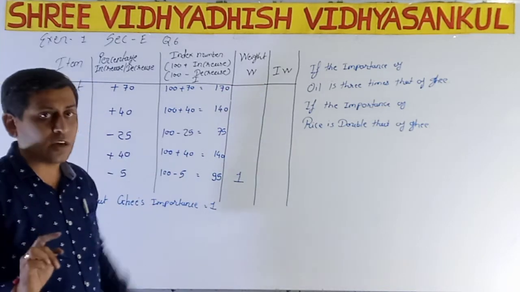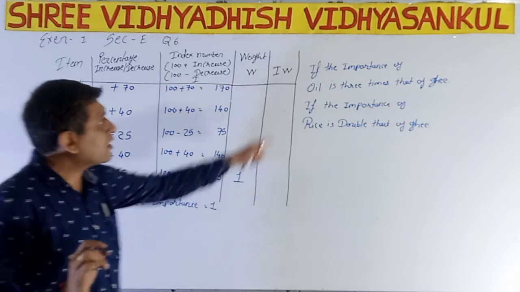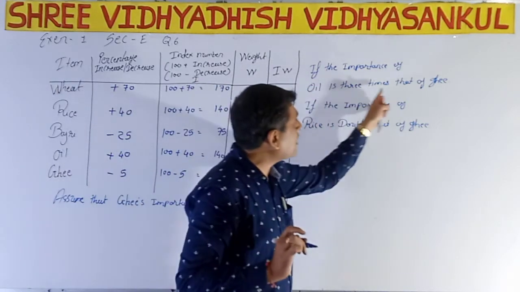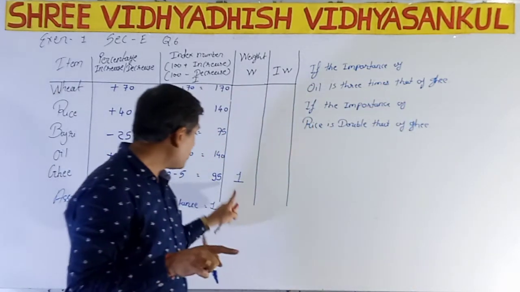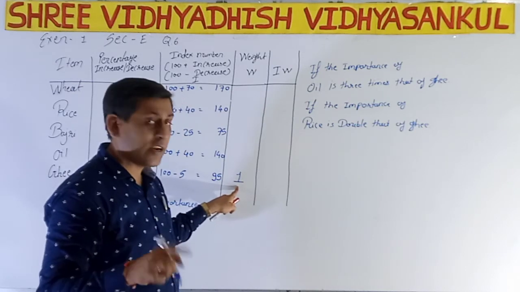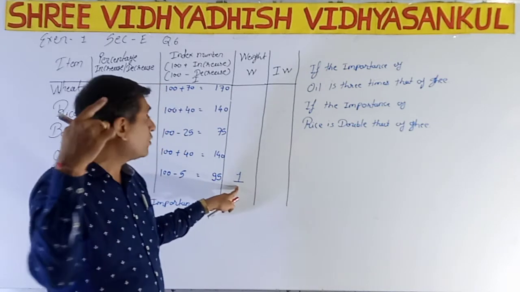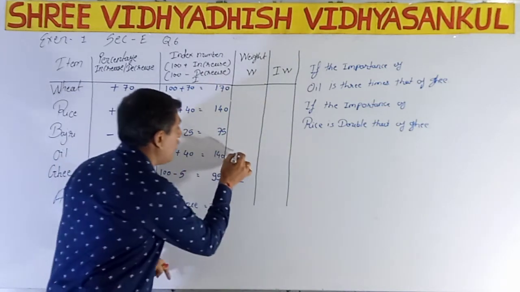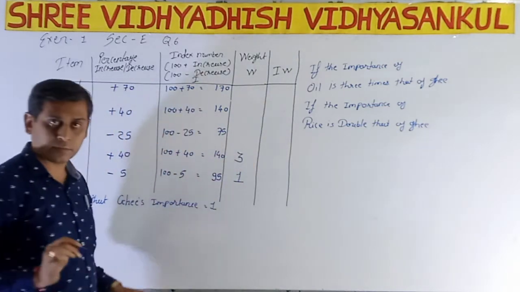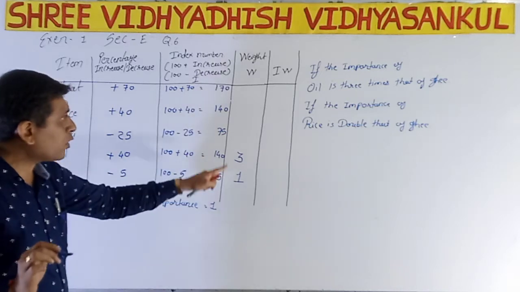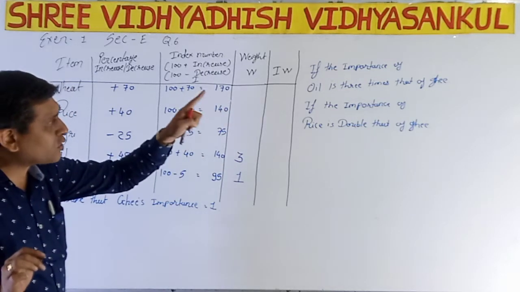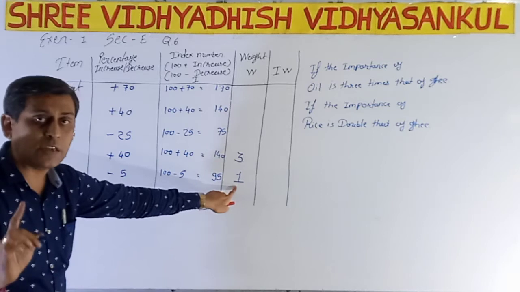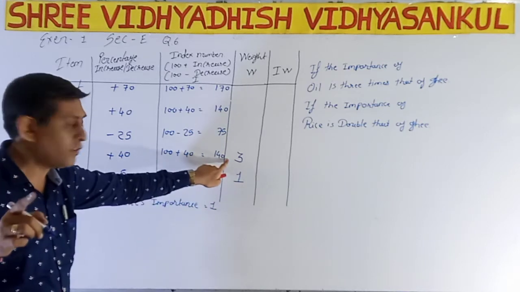Now what is the meaning of this sentence? If the importance of oil is 3 times that of ghee, that means here 1 into 3, that is 3. 3 is the importance of oil, so you have to write 3 for oil, right? 1 into 3, that's why 3.